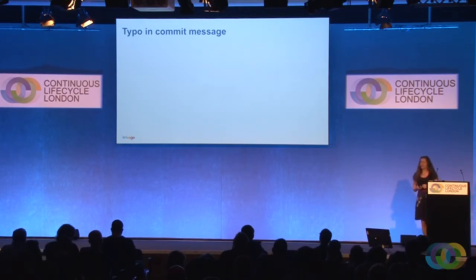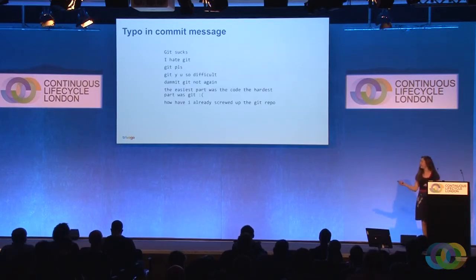Also, very often, a typo in a commit message. That was the first draft of my talk. And then I thought about it, and actually, most times we don't have typos in our commit message. We have more commit messages like this.